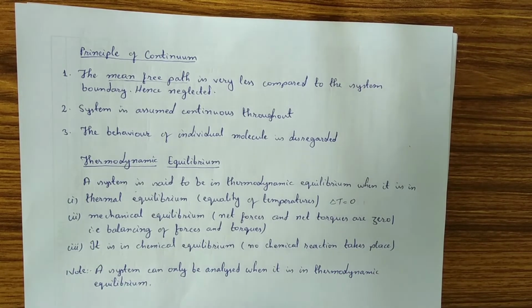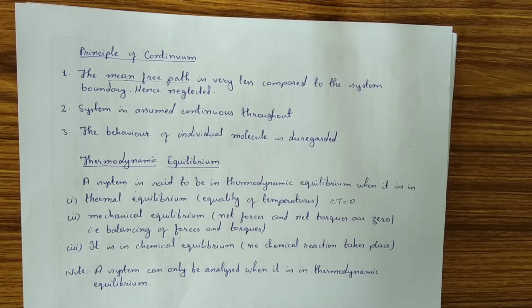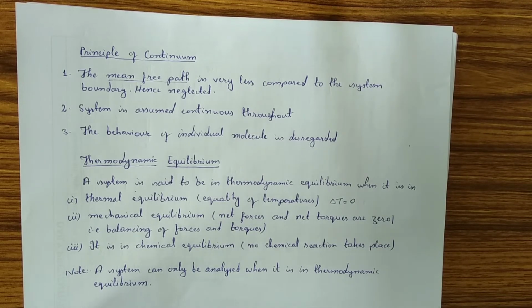A system can only be analyzed when it is in thermodynamic equilibrium. So to be in thermodynamic equilibrium, a system should have thermal equilibrium, mechanical equilibrium, and chemical equilibrium.